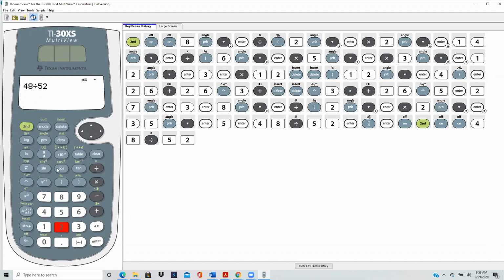So how did you do it a while ago? I don't remember. Oh, look at this, F to D. Maybe it's this one, the F to D button. So the decimal is 0.9. And now let's do second, F to D, enter.